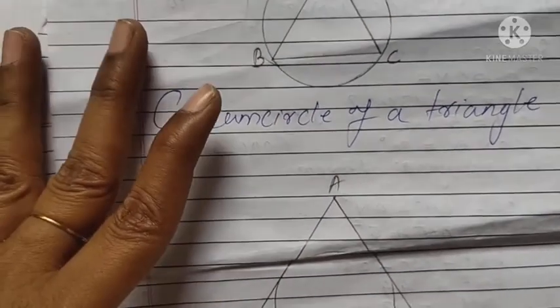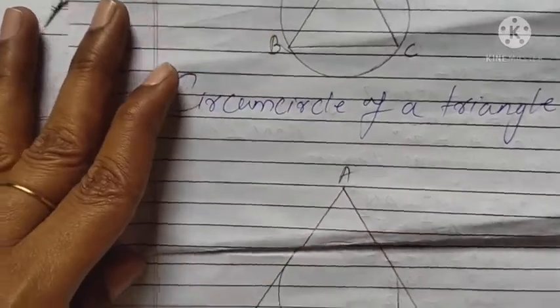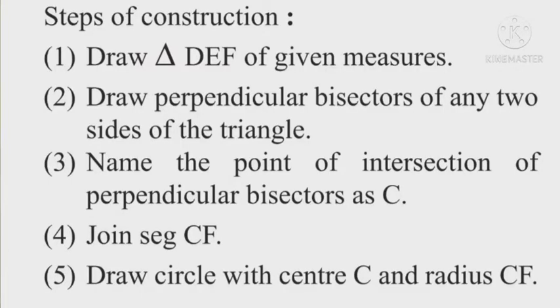So first of all, what are the steps of construction of the circumcircle?